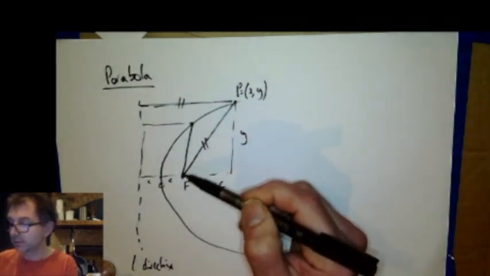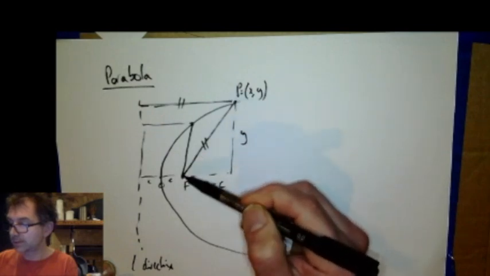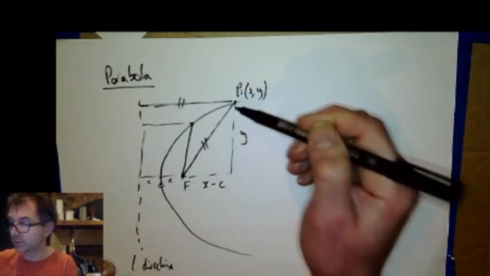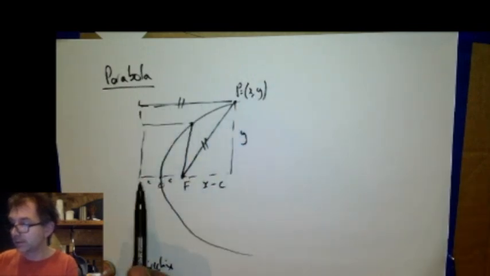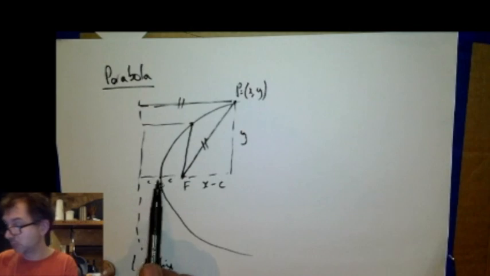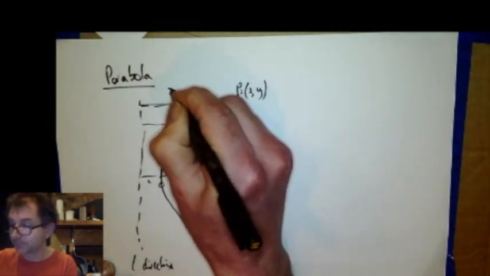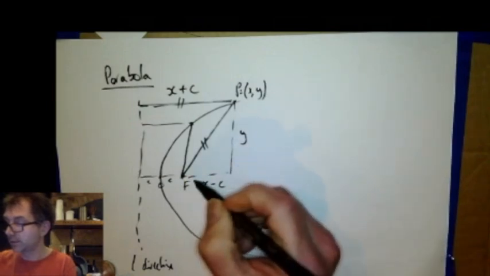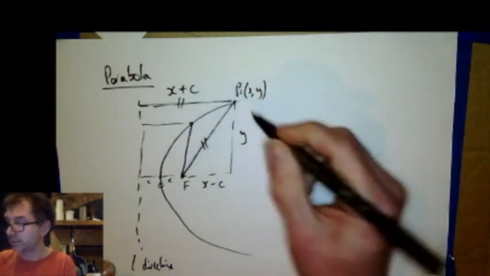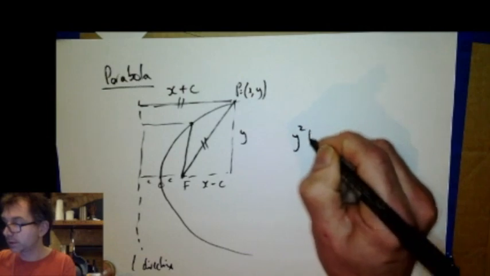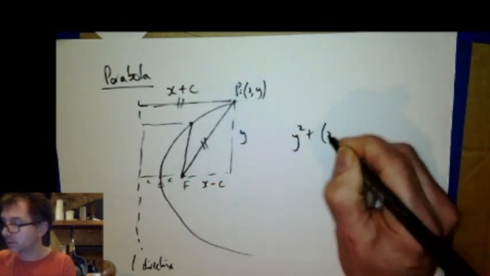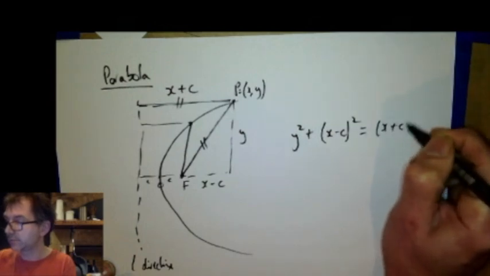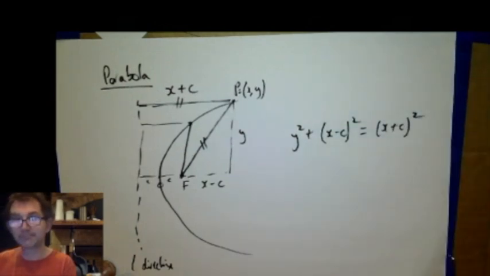So Pythagoras' theorem will tell me what this length is. It will relate it to these two, but I also know that this length is c plus x. So this is x plus c. So if I write down the Pythagoras' theorem for this, I will get y squared plus x minus c all squared is x plus c all squared.